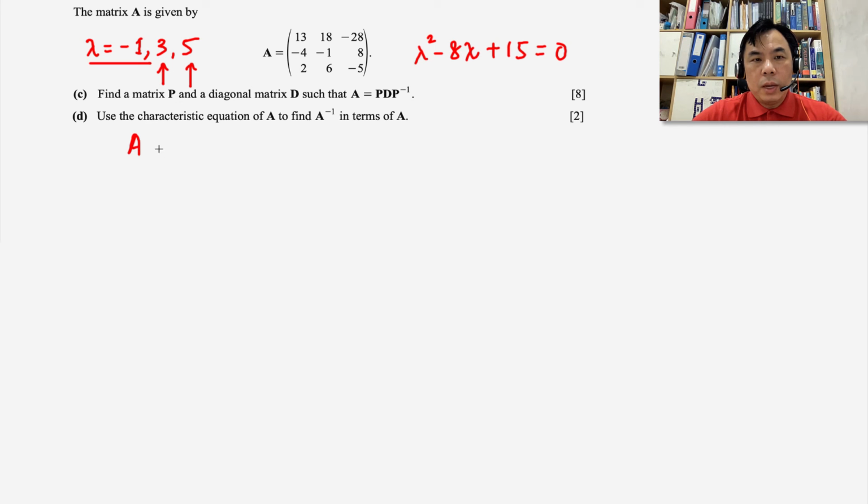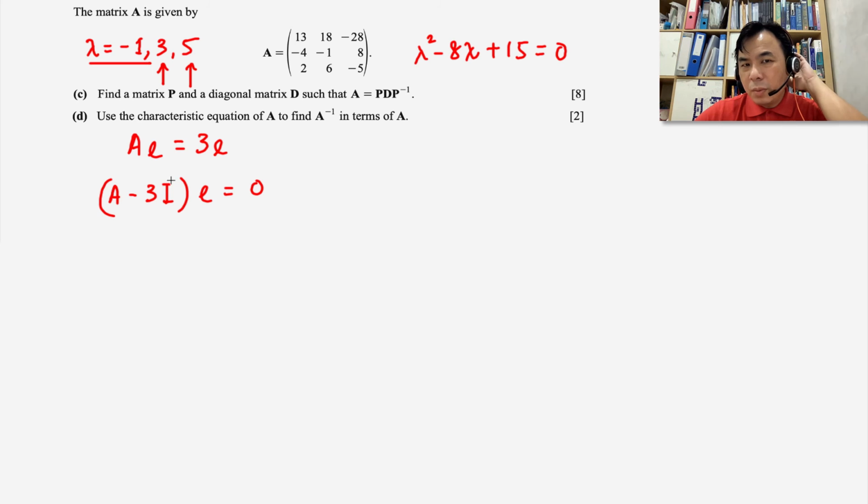For the eigenvector that corresponds to 3, we have 3e here. And then the same thing, we're going to rearrange this as A minus 3I here. Okay, now that's what we have. And then from here, all you need to do is just simplify that. So we have 13, 18, negative 28, 4, negative 1, 8.